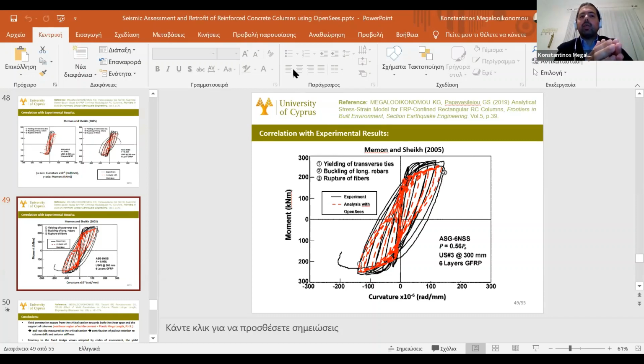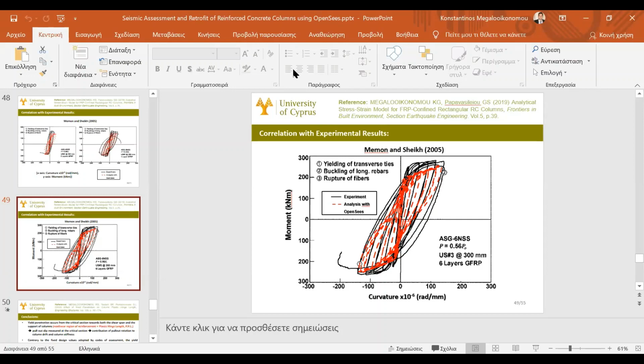And you can see now that after the FRP jacket, it changes the mode of failure, and the shear dominant response is converted to flexural dominant response. In that case, you only need to model the confinement effect, and you don't need to model also the shear mechanism.